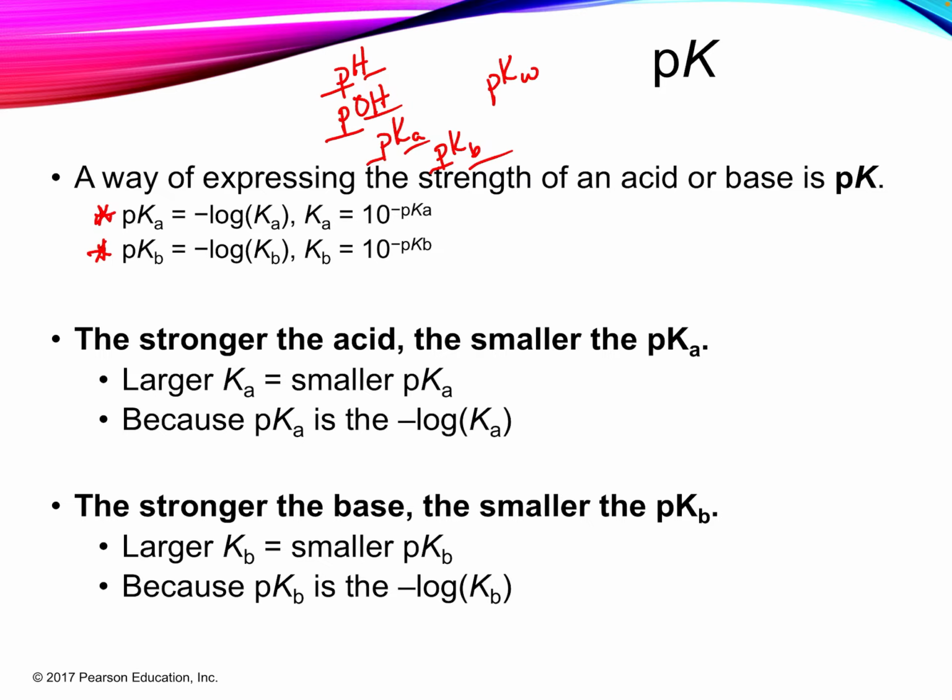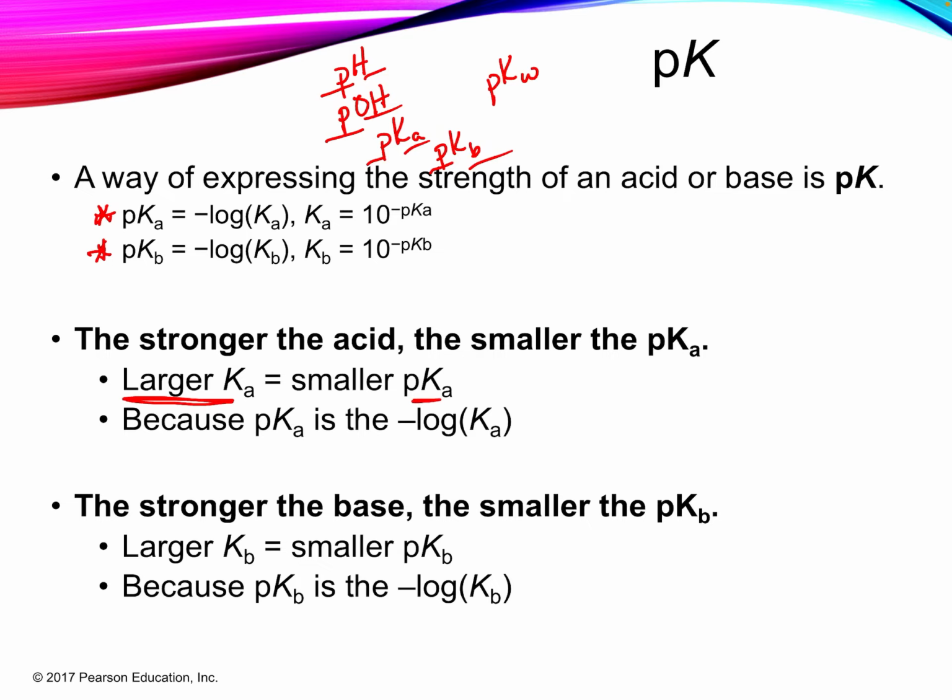Okay, so when we're talking about the strengths of the acid, remember a strong acid is going to have a very large Ka. And in fact, sometimes it is so large that they don't even measure it. They just write that it's very large, right? Because the dissociation is so complete. It goes to completion. But the larger this Ka, the way the math works out, the smaller the pKa.